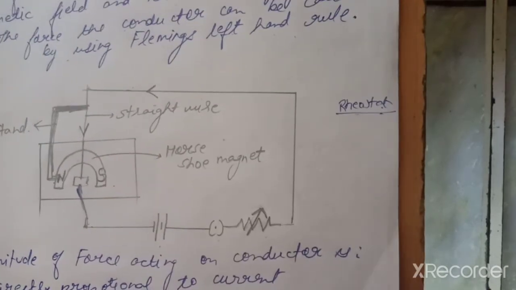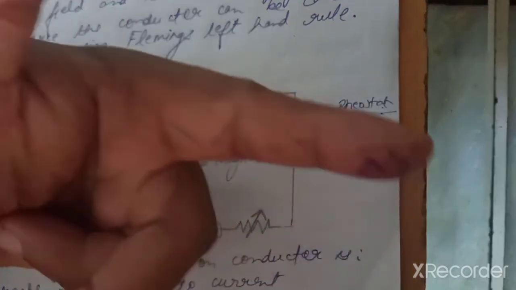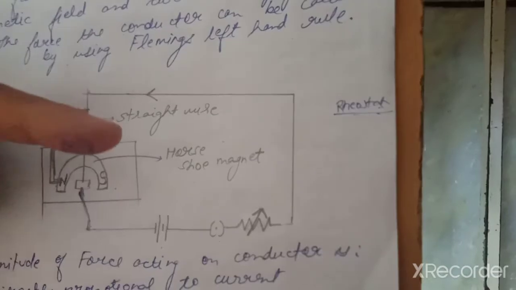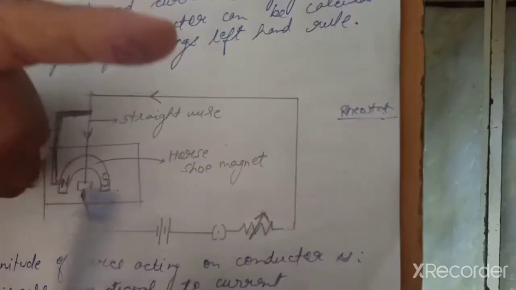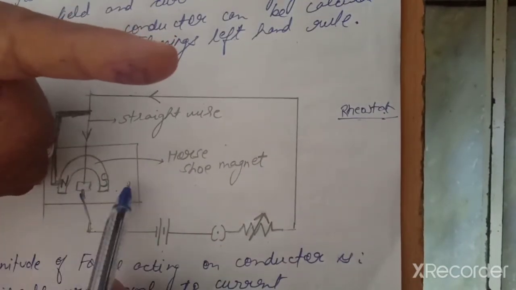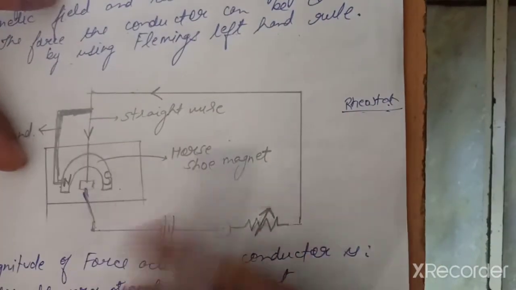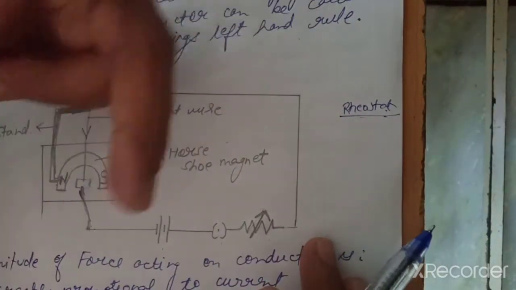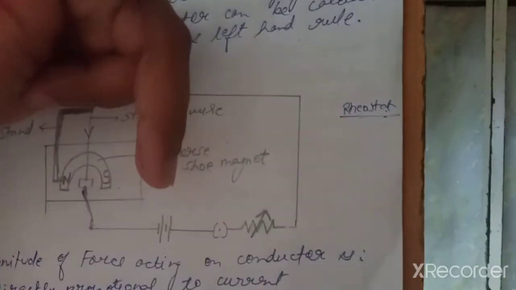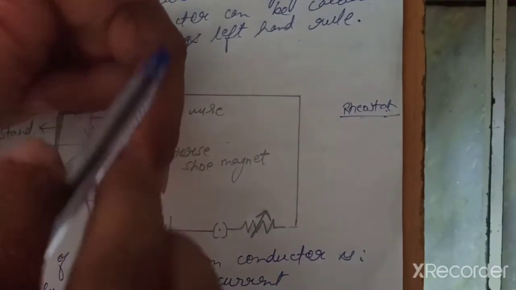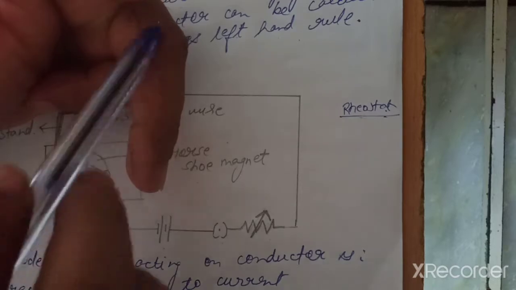Now how can we apply Fleming's left hand rule here? You have to stretch your forefinger, middle finger and thumb, such that the forefinger is in the direction of the magnetic field, which is here. The current is going down, in the downward direction.